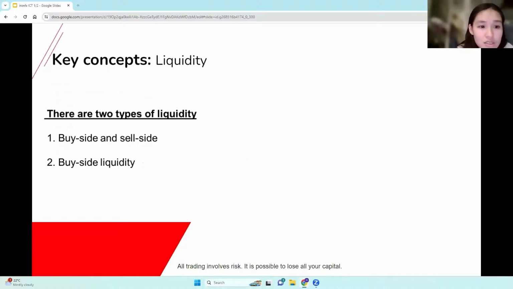So firstly, the first key concept we'll go through is liquidity. There are basically two types of liquidity: the buy side and sell side. Buy side liquidity represents a level on the chart where short sellers will have their stops positioned.